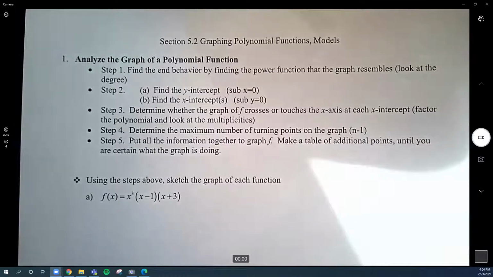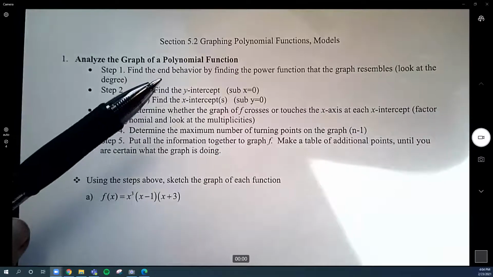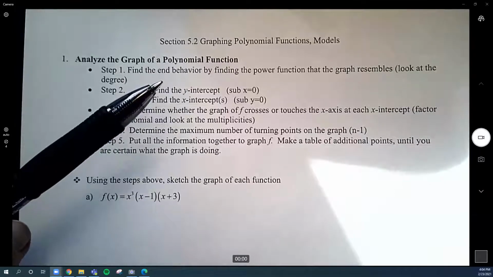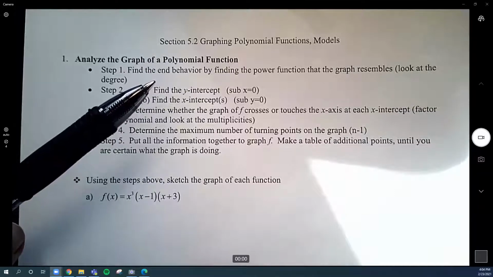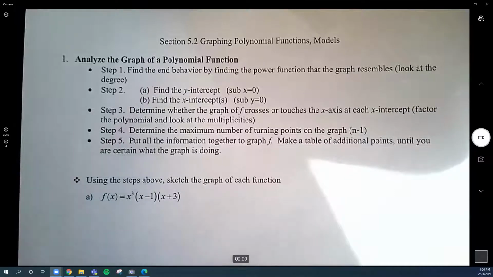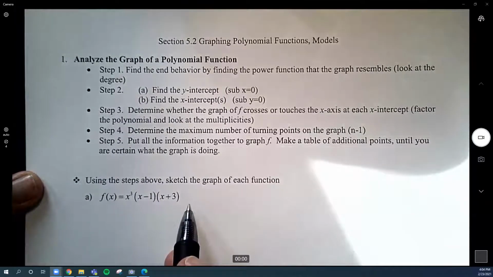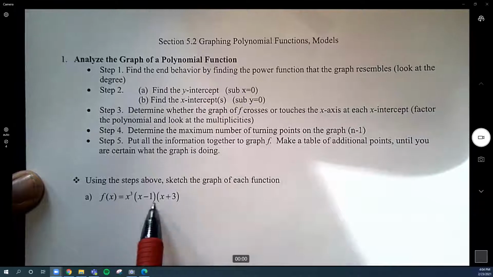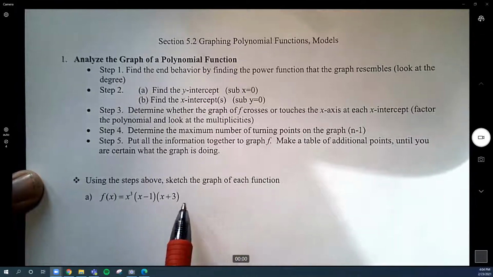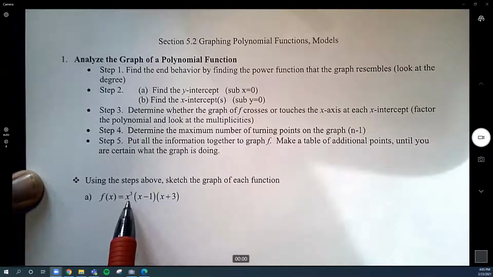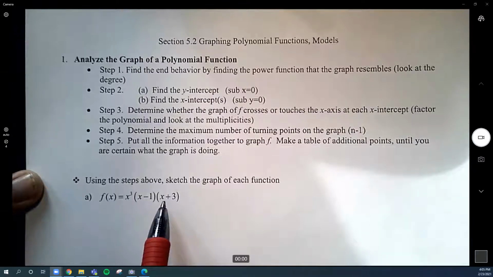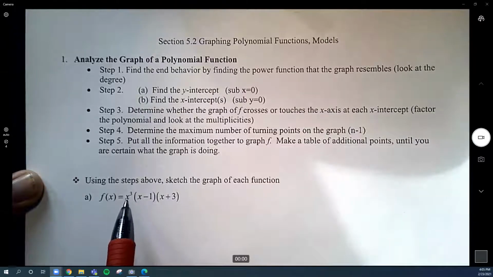Step 1, always find the end behavior by finding the power function that the graph resembles. In other words, look at the degree. This particular example has a total degree of 5. If we were to multiply all of this out, distributing all of the parentheses, you're going to end up with a total of 5 x's as the highest degree.